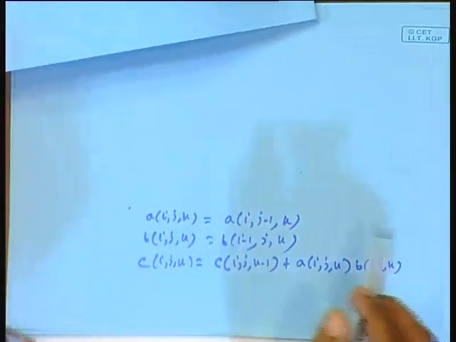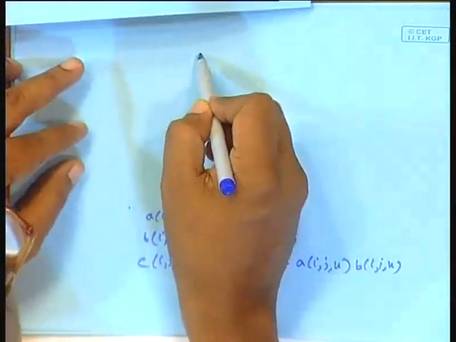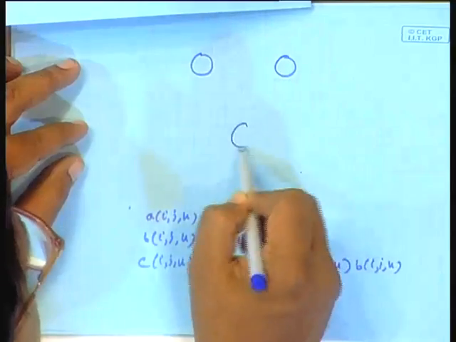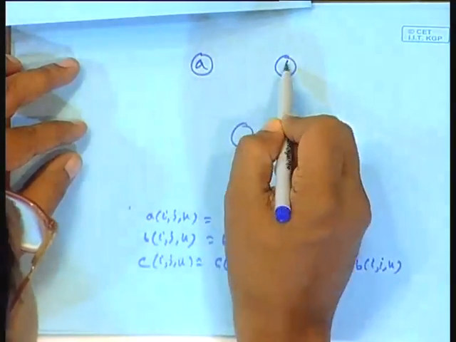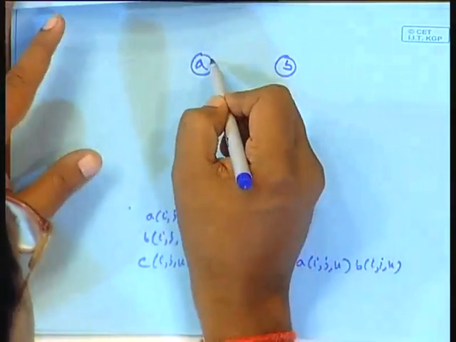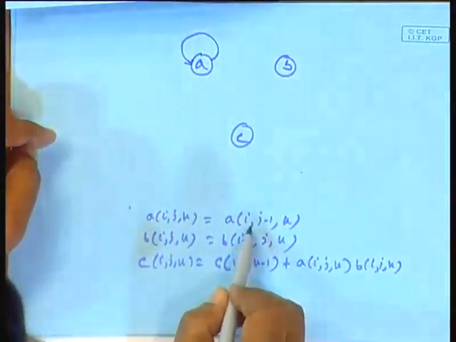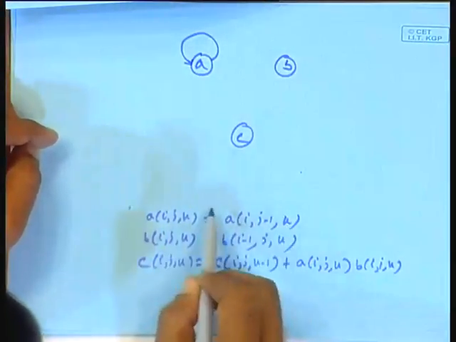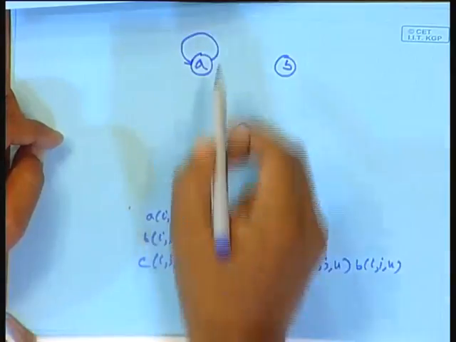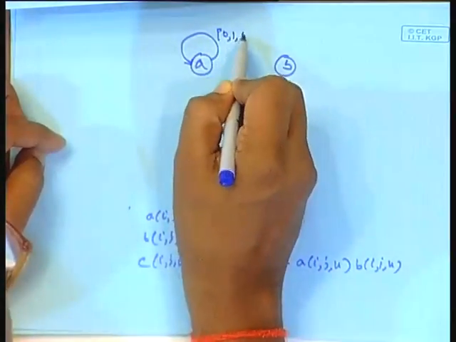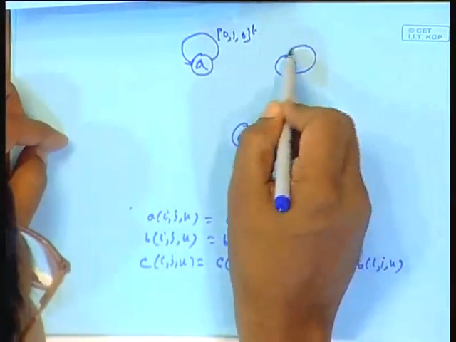This gives rise again to an RDG of this kind of form, with A, B, C. What is this edge? I to I means 0, k to k means 0, but j minus 1 to j is 1, so this is a 3-dimensional edge, 0 1 0 transpose.